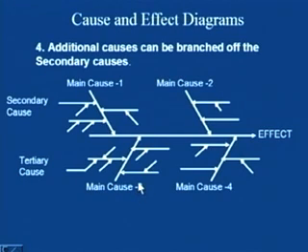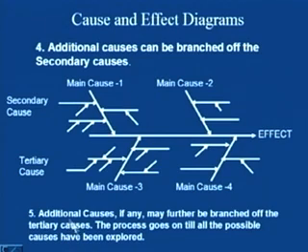But to investigate further, we need to consider whether we should attack the first cause first, or the second cause first, or the fourth cause first. So, we need to go for the Pareto analysis with respect to all the main causes, and once we say that a particular cause is a vital cause, we first try to improve that, because that will give a leap improvement in the process.